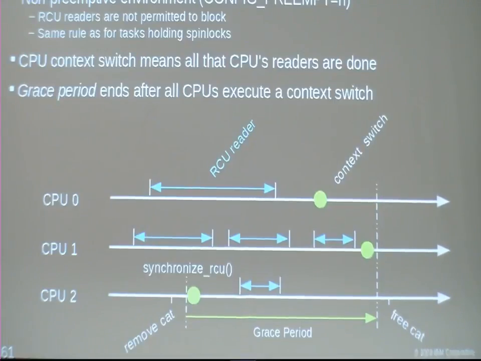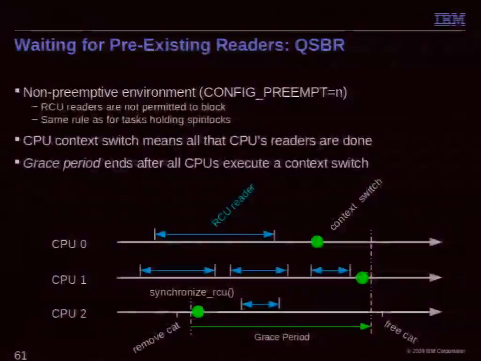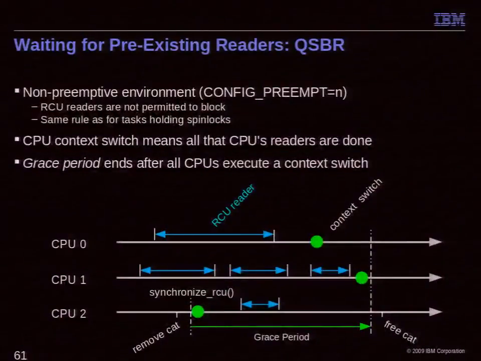One thing is that if you have a lot of CPUs, you have some workload, and that workload has statistics about the interval between context switches. And so if your workload happens to have a maximum delay between grace periods, that is the maximum time for the minimum grace period. Okay?